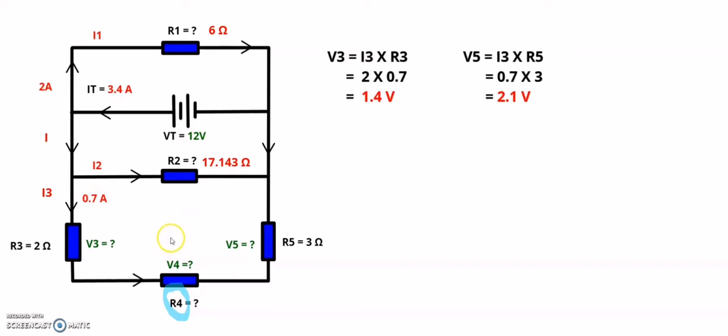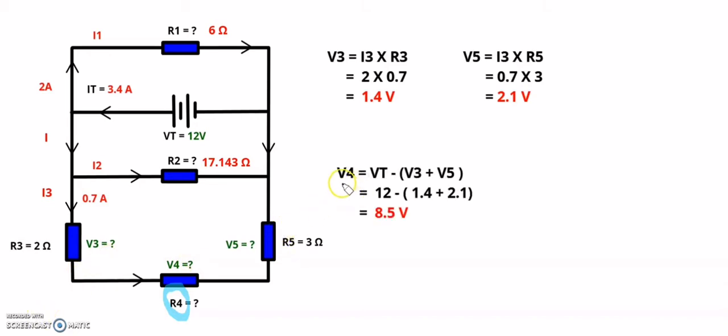I'm saying that the voltage drop over that one resistor is also going to be 12 volt, meaning that if I take my 12 volt and subtract these two voltages from it, I'm going to get the value of V4. So let's go ahead and do that.